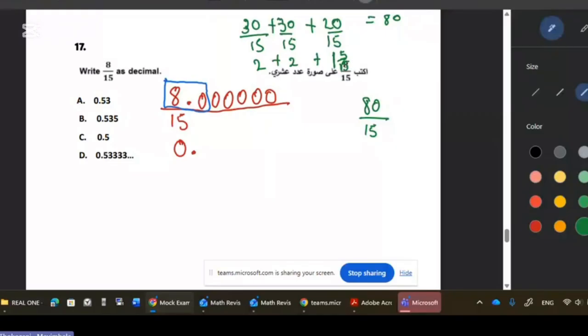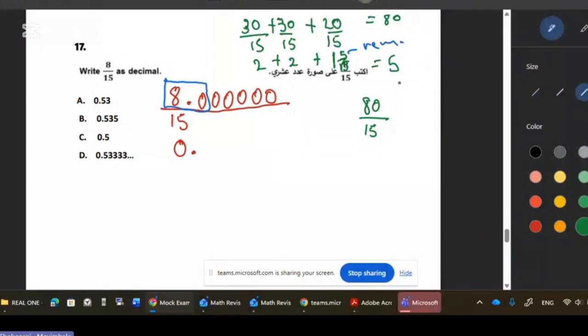Very important. Don't forget the remainder. We spoke about the remainder. So we can see here, what is 2 plus 2? 4, plus 1, 5. So it's 5 all over 15, 5 over 15.